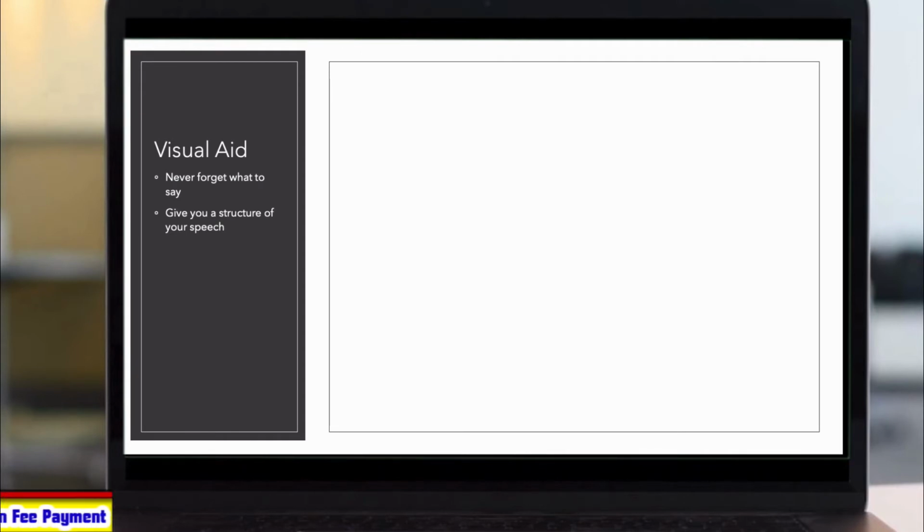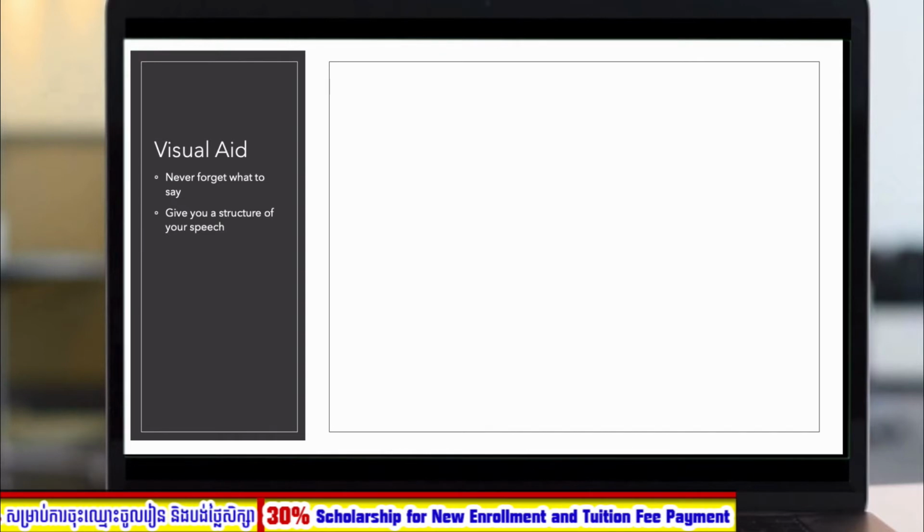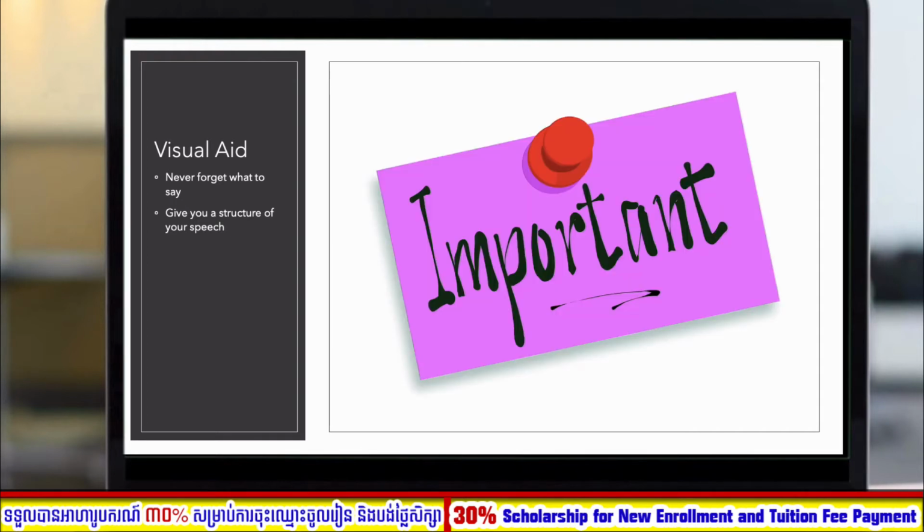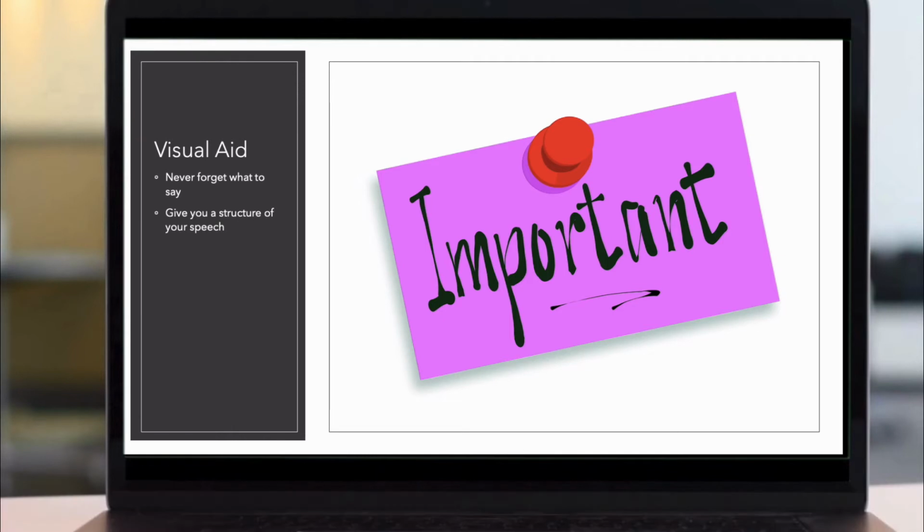As you already experienced in a presentation, you are not supposed to stand in front of people and read the whole thing, but you need to speak. But to speak better, you need to have something to help you speak. So the first one, you need to create a note. It doesn't mean you write everything down.